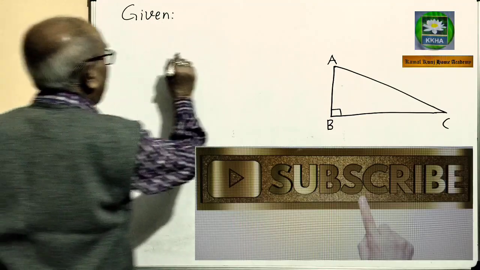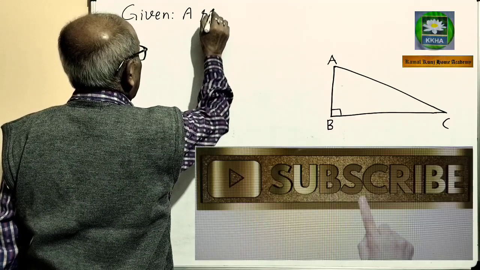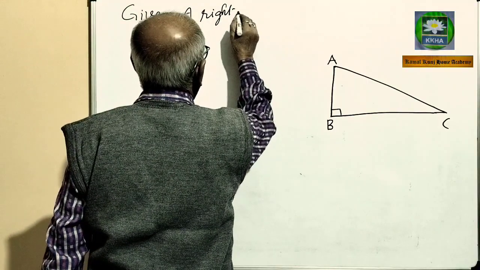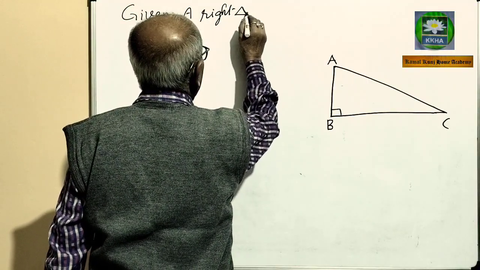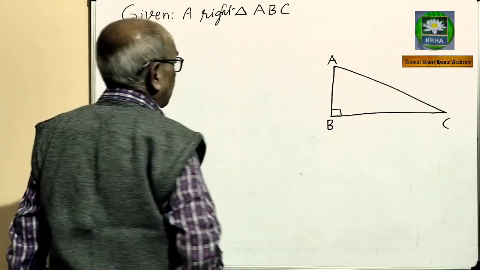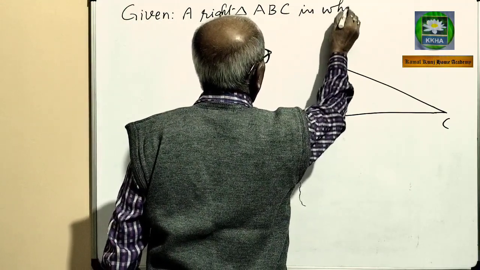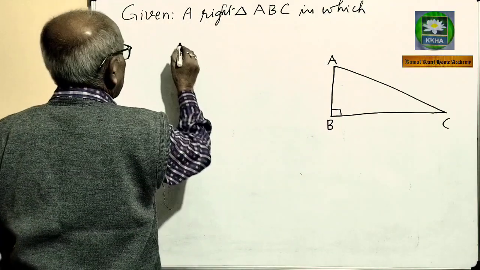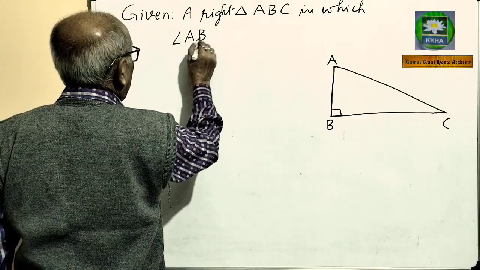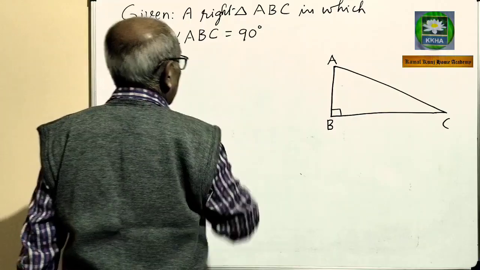Given a right triangle ABC in which angle ABC is equal to 90 degrees.